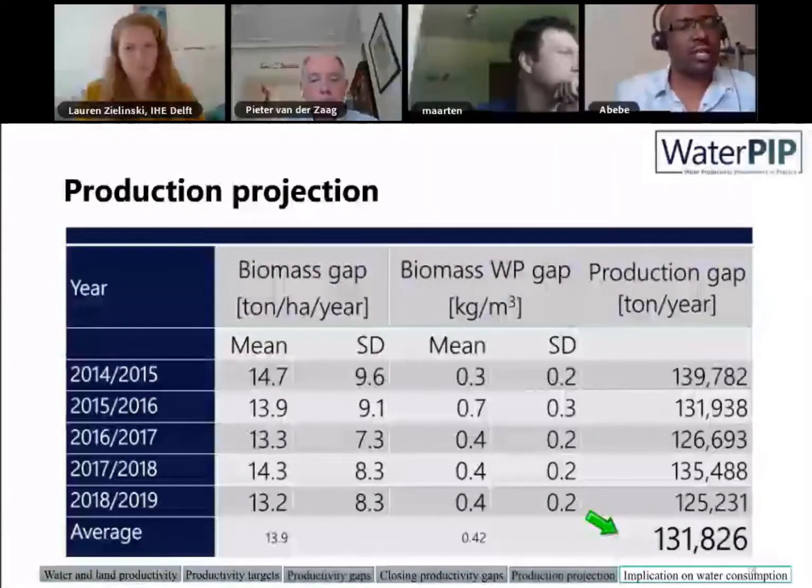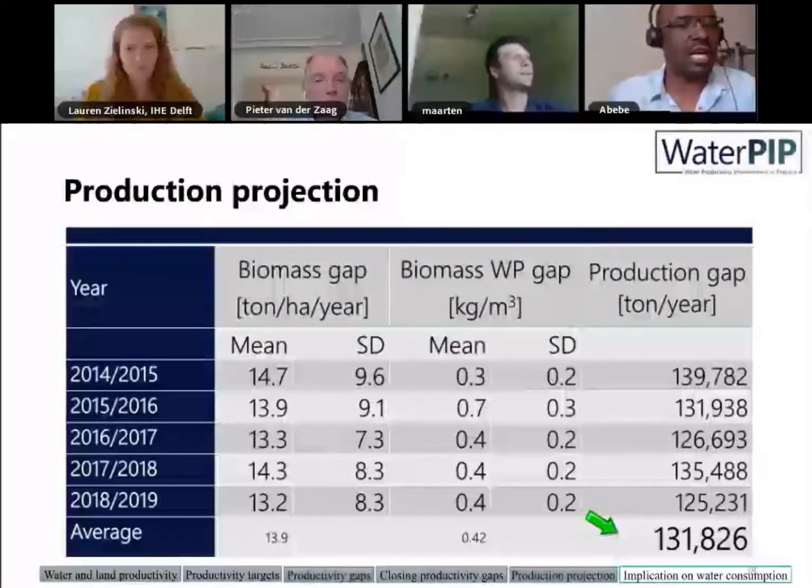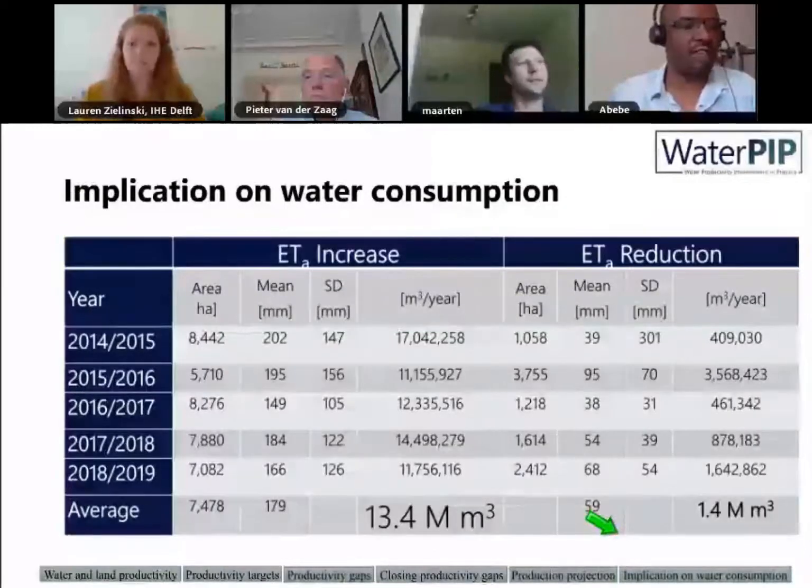There is a possibility to harvest more than 100,000 tons per year at the Sinavana scheme. This also has an implication on water consumption: it might consume about 13.4 cubic millimeters, with a possibility of saving about 1.4 cubic millimeters.